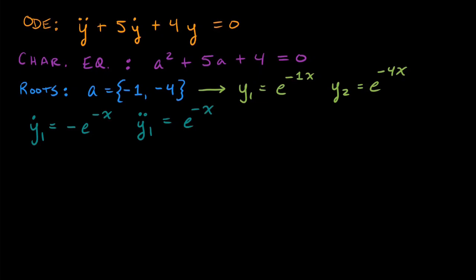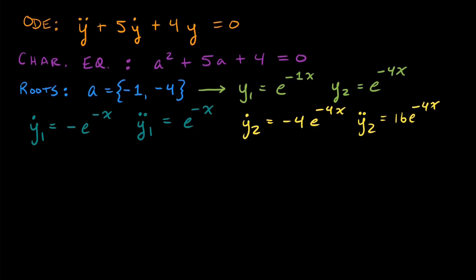Then I do the same thing for y2. So y2 dot equals -4 e to the -4x, and y2 double dot is equal to 16 e to the -4x.